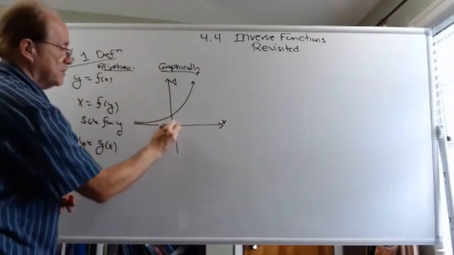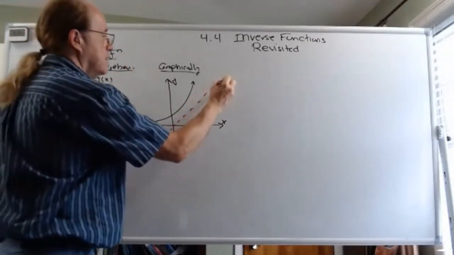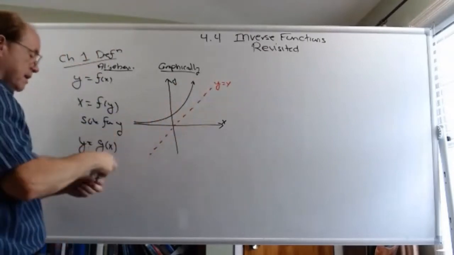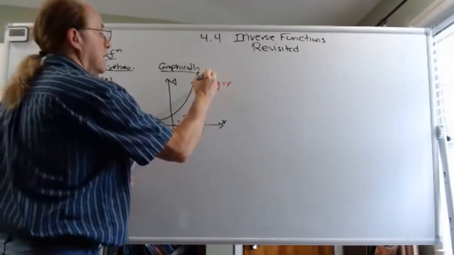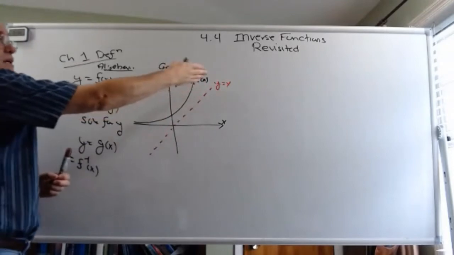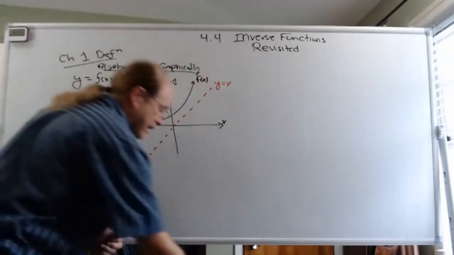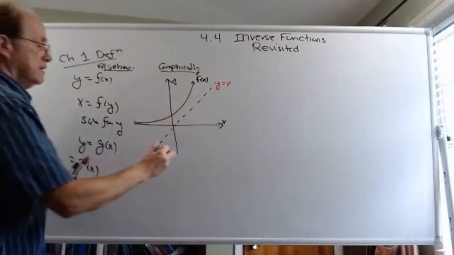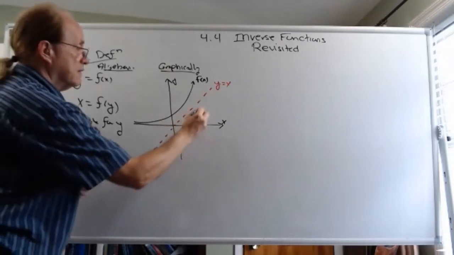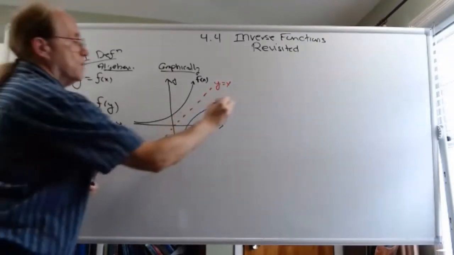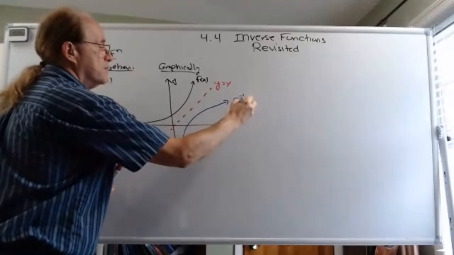That's exactly what I'm doing when I rotate about this line y equals x. So this is my f of x, and if I take the mirror image about that line, I get another function that looks like that. And we call that the inverse function.